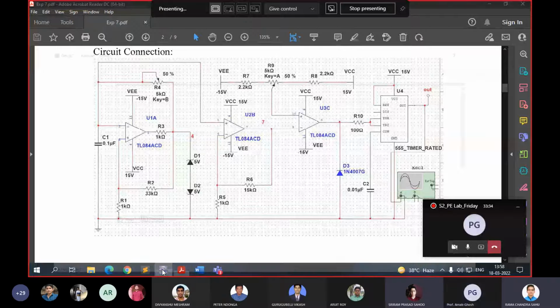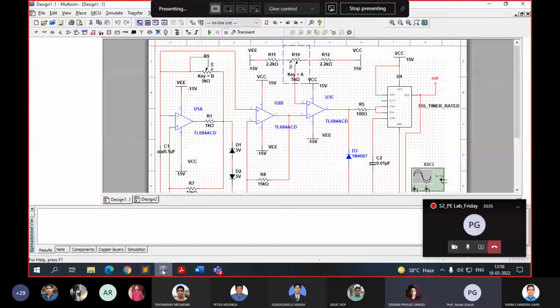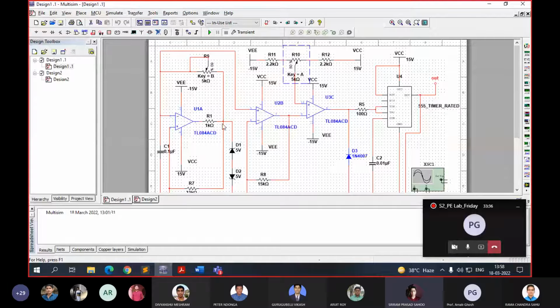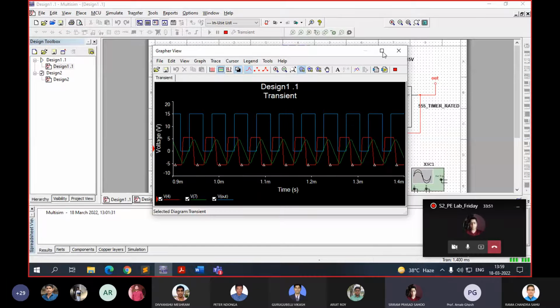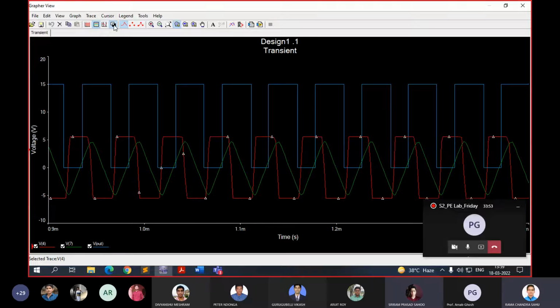Sir, is it visible, sir? Yes, it is visible. Is it your simulation? Yes, sir. Can you please explain your circuit? Okay, sir.